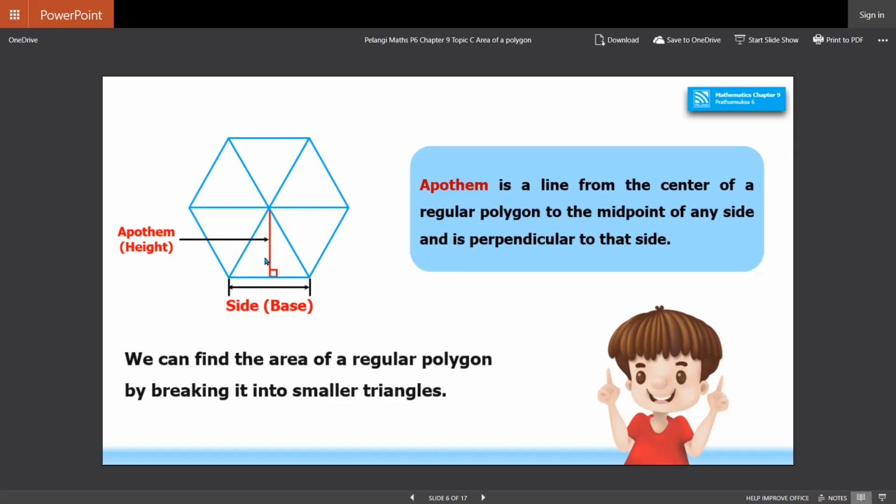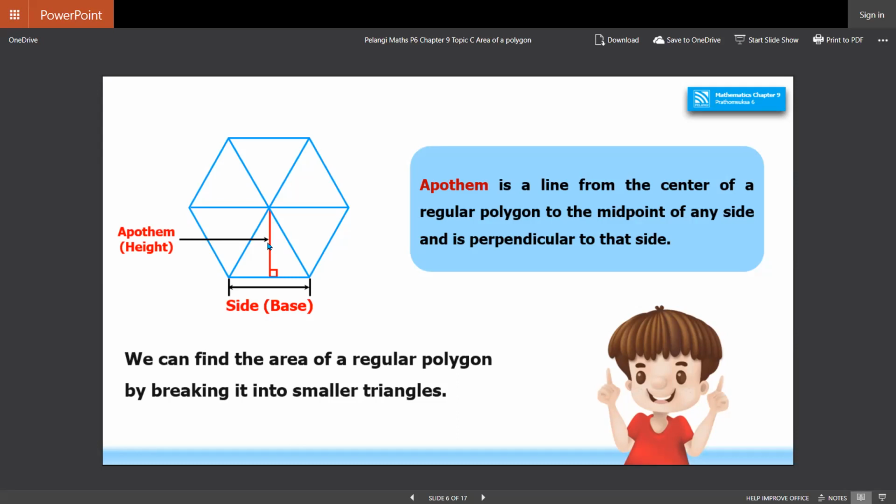So we can say 1/2 base times height times 6. So we will look for the area of one triangle here, then multiply by the number of triangles we have in this polygon.